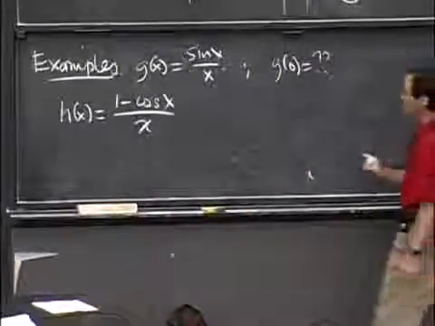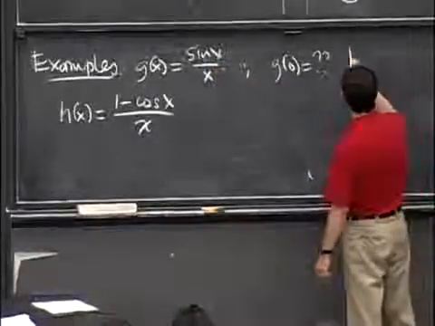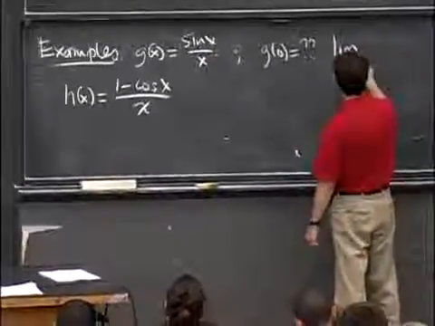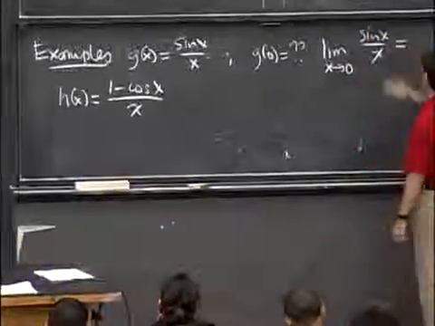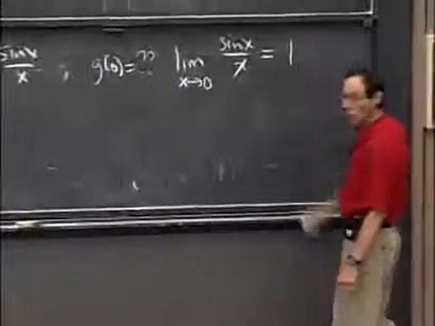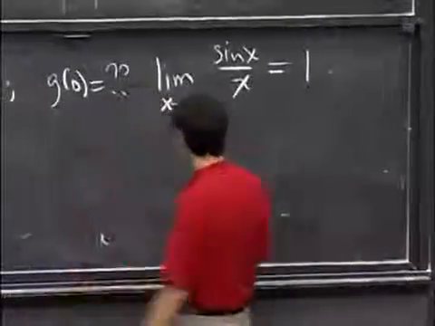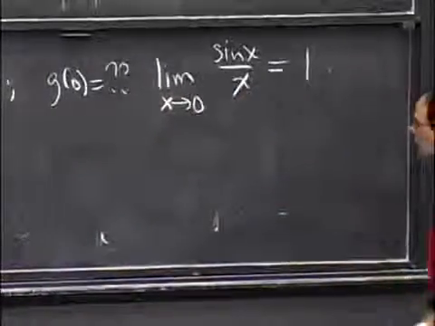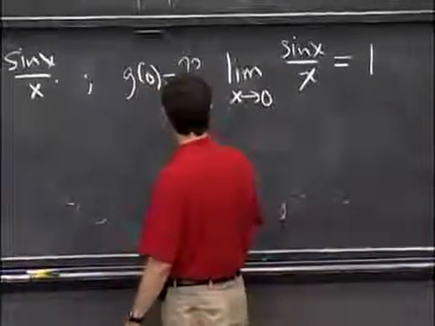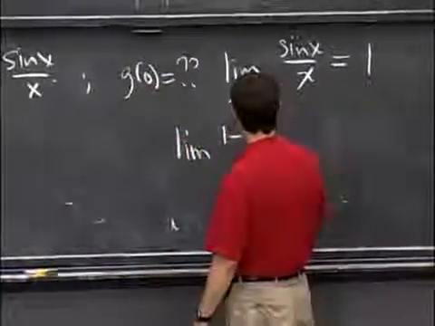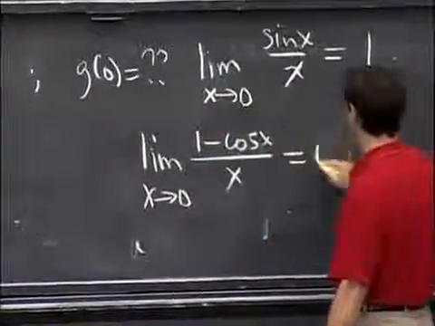On the other hand, it turns out that this function has what's called a removable singularity, namely the limit as x goes to 0 of sine x over x does exist. In fact, it's equal to 1. So that's a very important limit that will work out either at the end of this lecture or the beginning of next lecture. And similarly, the limit of 1 minus cosine x divided by x as x goes to 0 is 0.